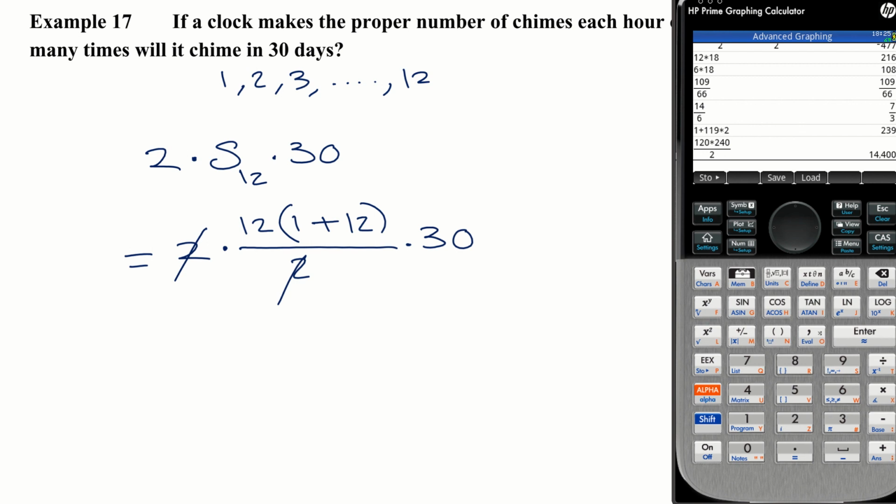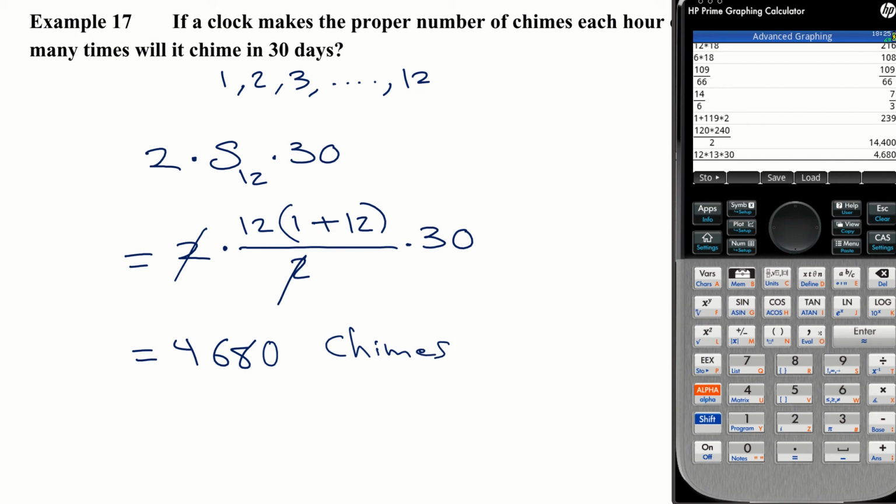So basically we're looking at 12 times 13, 1 plus 12 is 13, times 30. So basically 4,680 chimes in 30 days. Okay, and that's how you would do that one.